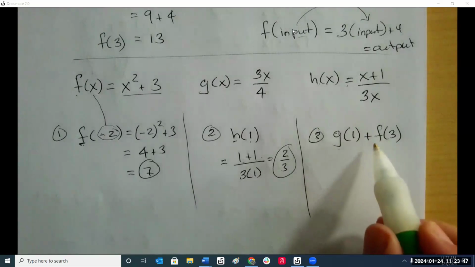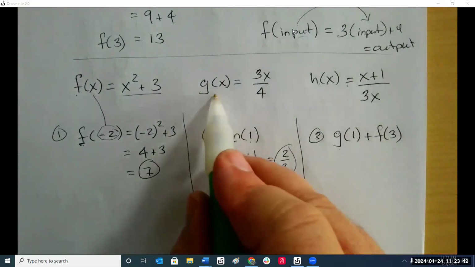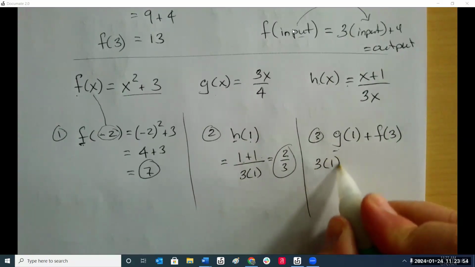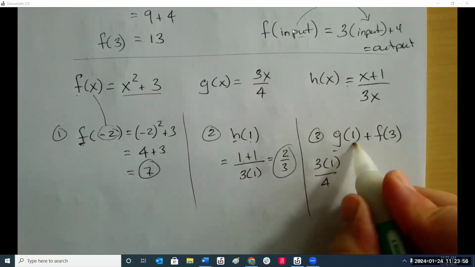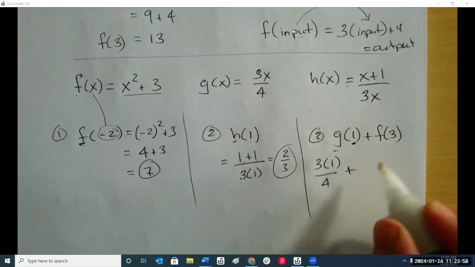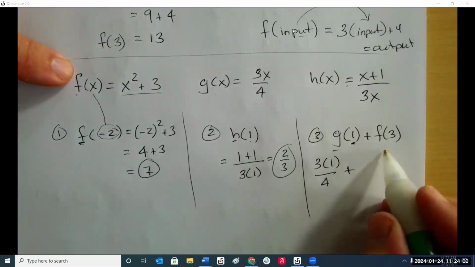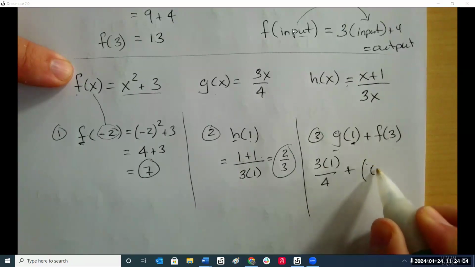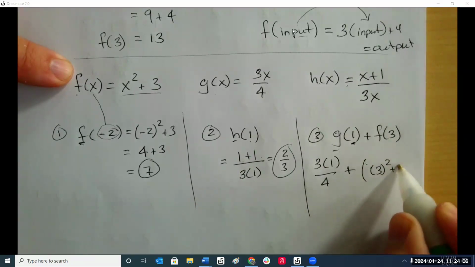Now this one, I have a sum of two functions. First, I go to the g, which is 3 times 1 over 4, because that's my x value. And then for the f, I have 3 squared plus 3.